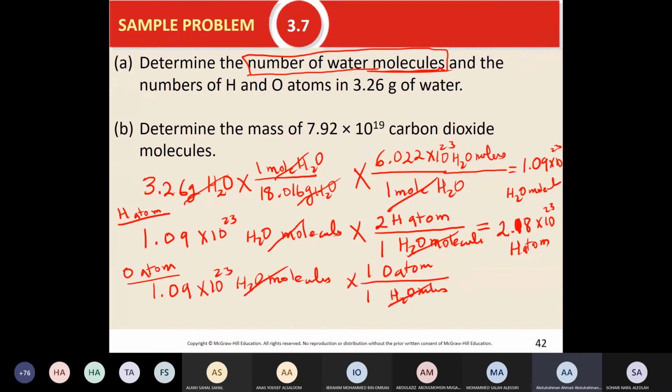Get rid of this with this, and you have the answer as 1.09 times 10 to the power 23 O atoms. Don't forget to write the whole oxygen atom. Is this clear? Okay, done with this.